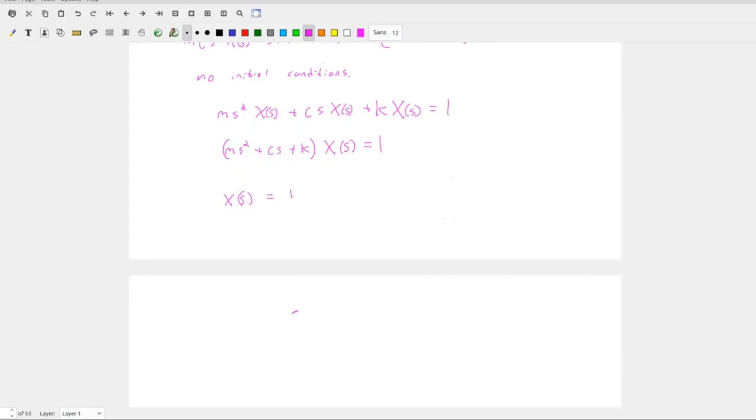So we're going to end up with 1 over m, we pull our m out, times 1 over s squared plus 2 zeta omega n s plus omega n squared. So that should at least conceptually make sense. We pulled out our m, and you're like, oh yeah, zeta omega n, I remember where those come from. We did that in homework.